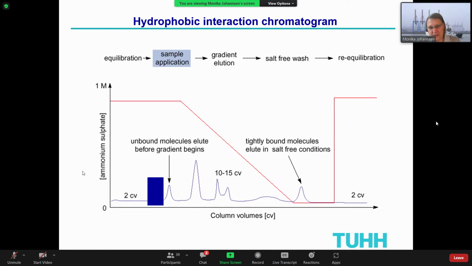And before we could inject the next time, we need to re-equilibrate. In this case, we need to come back to the very high salt level, and then we could do the next injection.